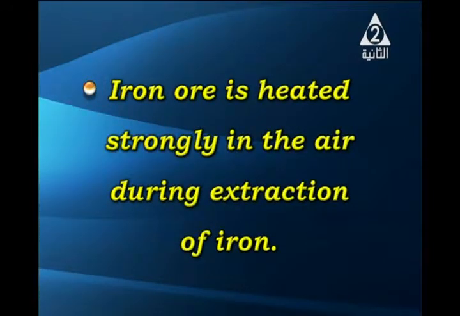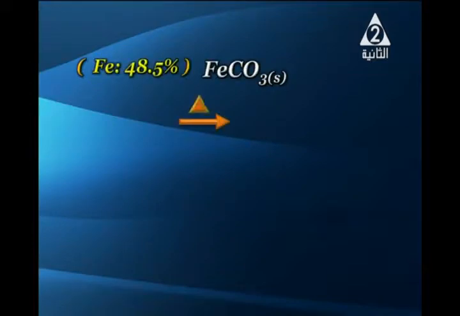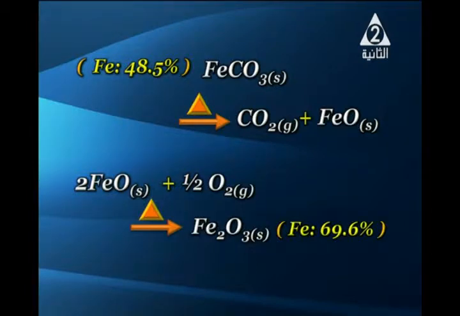Iron ore is heated strongly in the air during extraction of iron because of drying the ore to get rid of humidity and also converting the iron ore into iron 3 oxide that increases the percentage of iron, such that heating iron 2 carbonate, which is siderite, gives carbon dioxide and iron 2 oxide, then oxidation of iron 2 oxide by air gives iron 3 oxide.